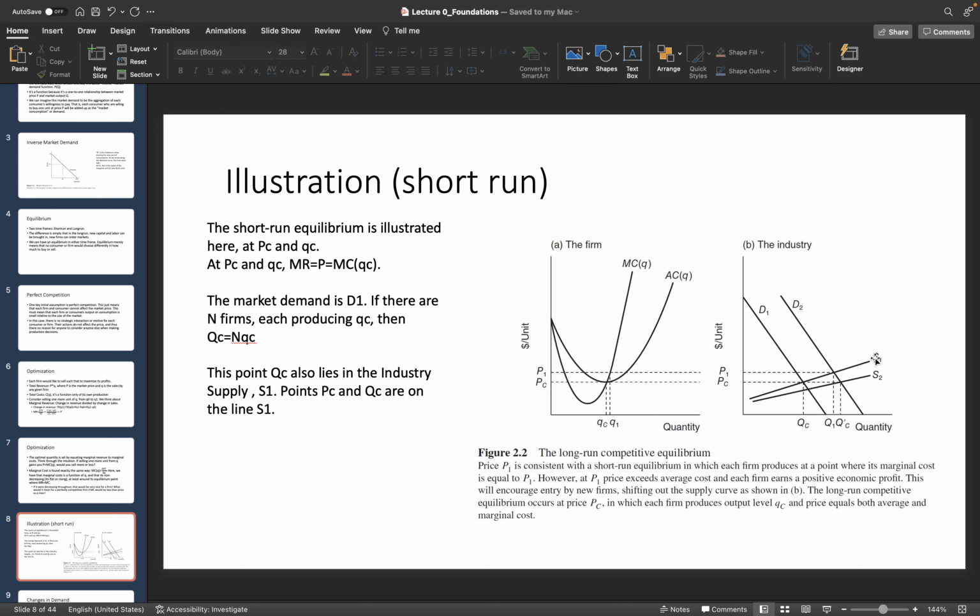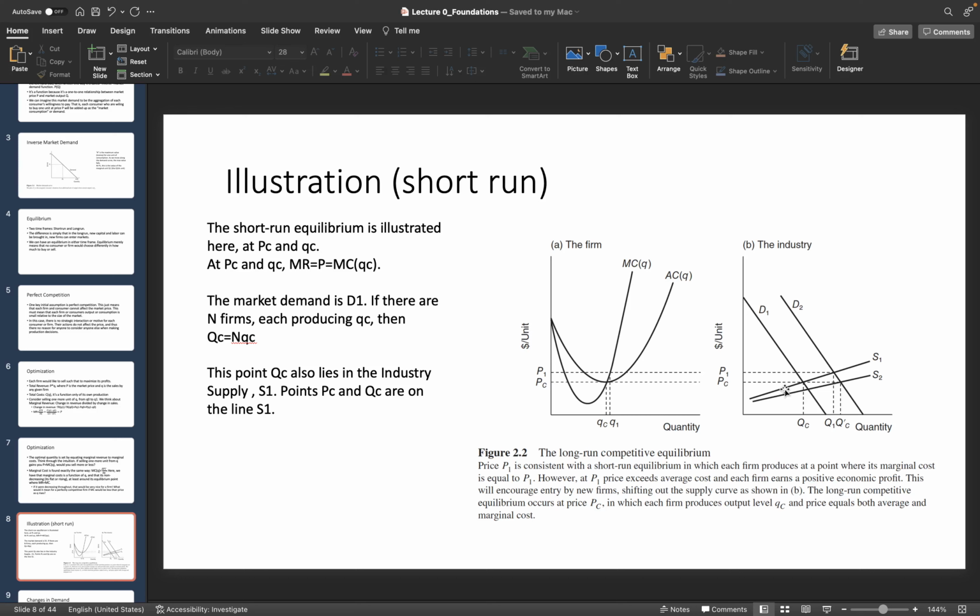It should also be obvious that this supply function for the industry is really just the horizontal summation of the marginal cost curves. So all of these are basically the marginal costs for all of the n firms. You can imagine there's a marginal cost here, and then you're just adding horizontally all of the different marginal costs.